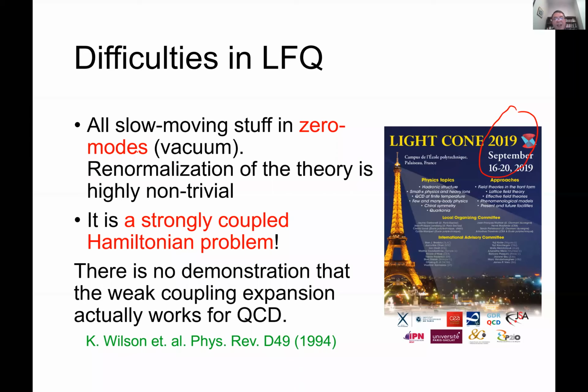In fact, you need an infinite number of renormalization constants for the Hamiltonian problem. That makes the Hamiltonian itself very difficult to attack in the first place. Even when you have the Hamiltonian, it's still a strongly coupled problem.